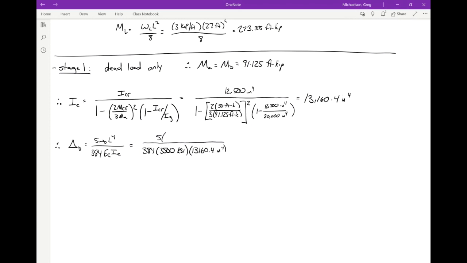And so 5 times 1 kip per foot. Then this is 27 feet to the fourth. Am I forgetting anything here? I'm forgetting something.